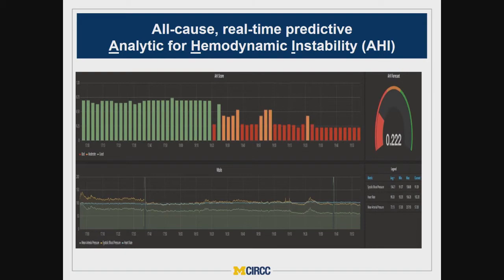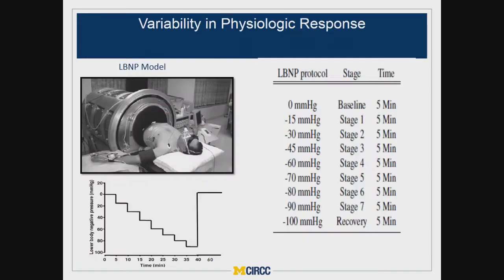So we've developed an all-cause, real-time predictive analytic called the Analytic for Hemodynamic Stability. And I'm going to tell you the quick story about how we developed that using some data techniques. We partnered with the Army to do a hemorrhage experiment in humans. This is lower body negative pressure.